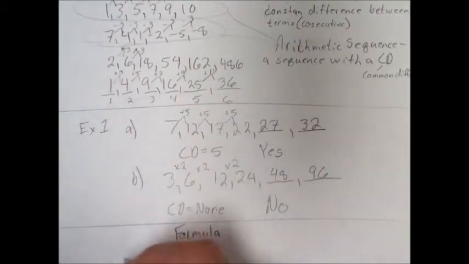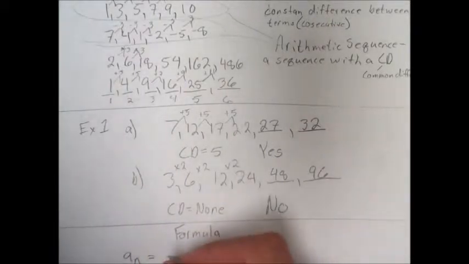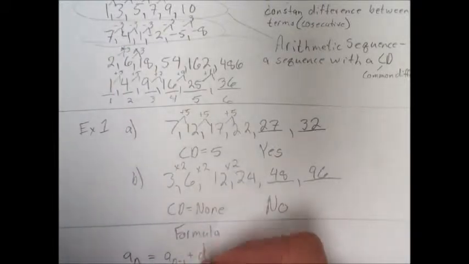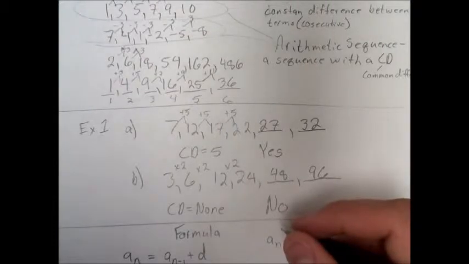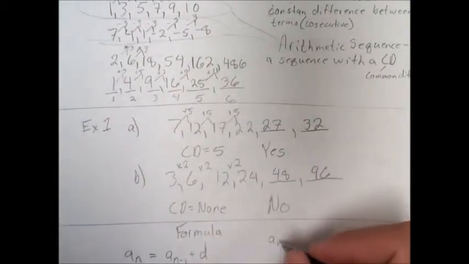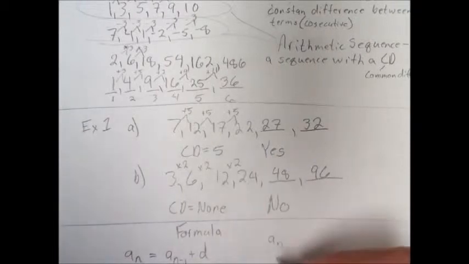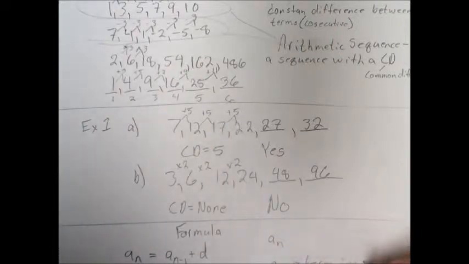So it says that the next term is going to be the last term plus the common difference. Okay? So a sub n, let me define what a sub n would mean. A is just a term in the sequence. Okay? So let's define a, I guess, first. A is a term in the sequence.